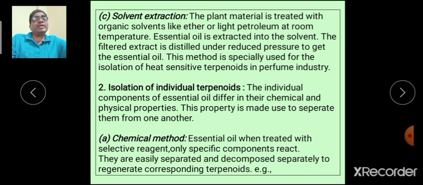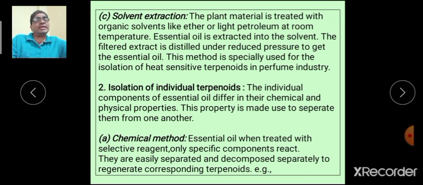The next method of isolation is solvent extraction. The plant material is treated with an organic solvent like ether or light petroleum at room temperature. Essential oil is extracted into the solvent.